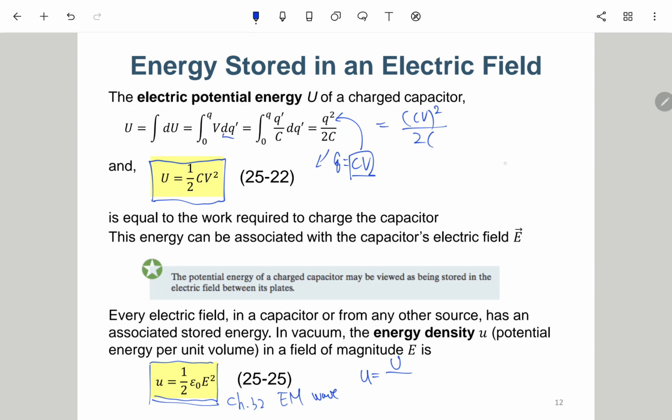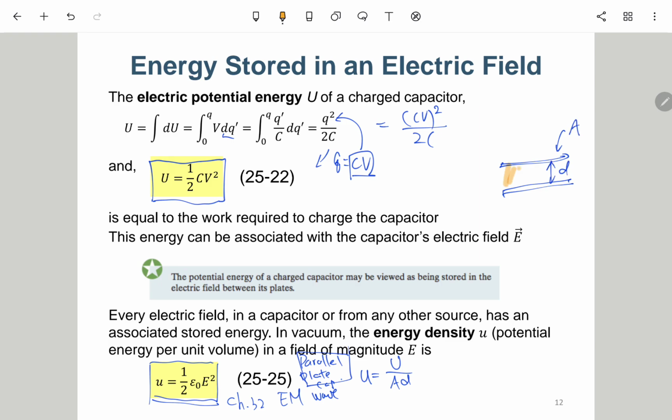Suppose we have this parallel plate capacitor, where the area of a plate is A and the distance is D.